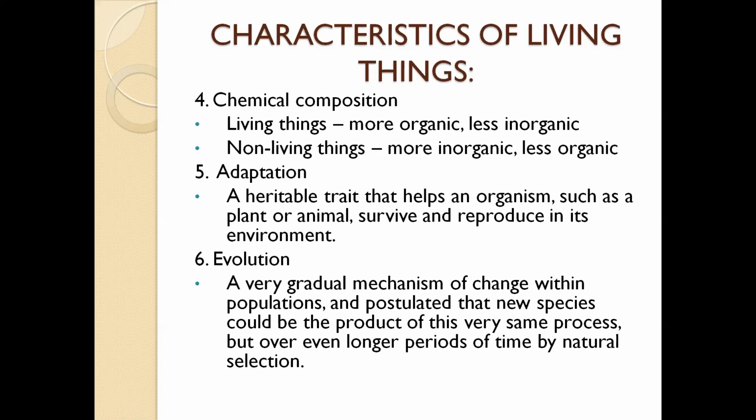Right? Next is evolution. It is a very gradual mechanism of change within populations and postulated that new species could be the product of this very same process. So one example of evolution is, of course, the evolution of man. So scientists say that we started off as an animal.